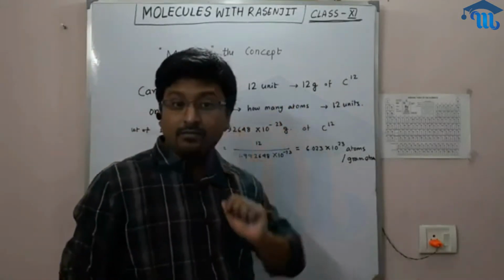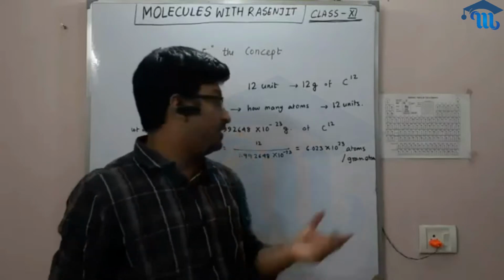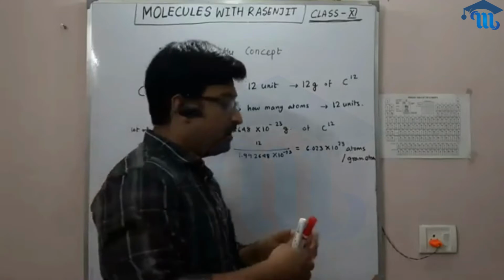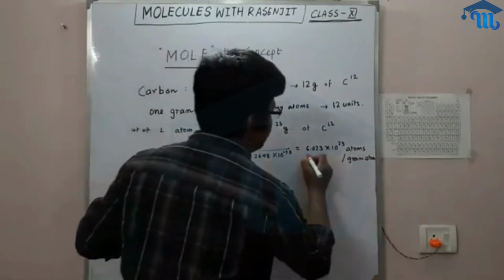And what is that number? That number is basically 6.023 into 10 to the power 23. And this number is known as the Avogadro's number.